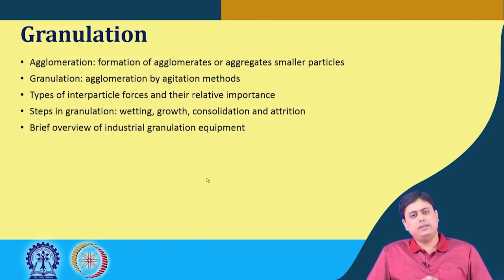We will see its various stages, look into the various molecular level forces that are important for efficient granulation, and at last have an overview of various granulation equipment, as we did in the case of size reduction.